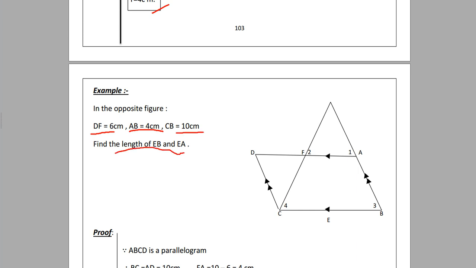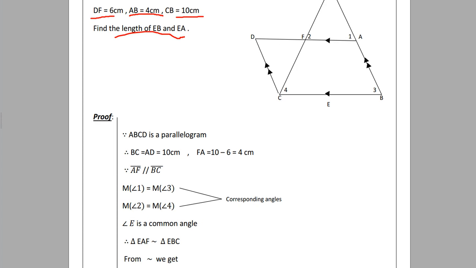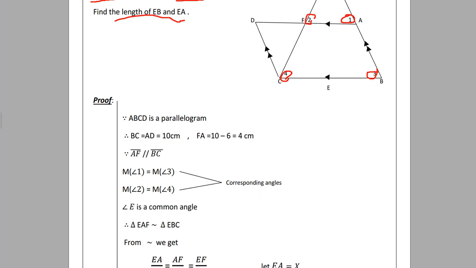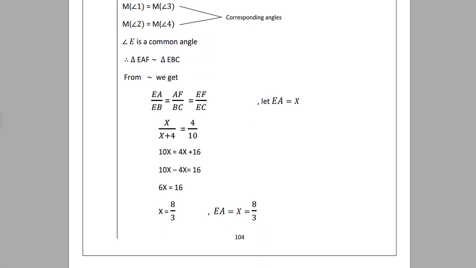You only need to focus on the corresponding angles from the parallelism. We have some corresponding angles and they are equal in measure, and then we can prove the similarity, and from similarity we can get the length of the unknown sides. Try to solve it yourself, and if you find any problem, just send me on WhatsApp.